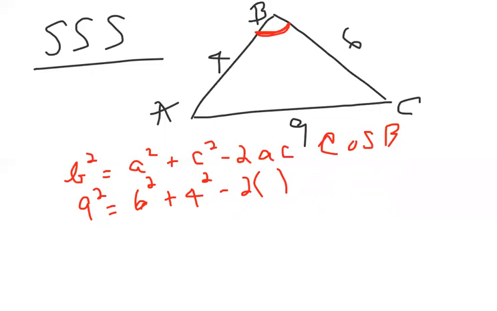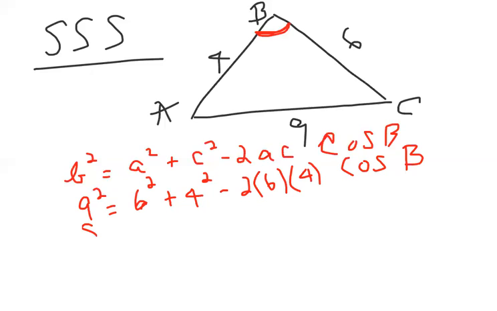Okay, so the length of side A is 6. The length of side C is 4. And then all of this is going to be cosine of B. Now, we're going to grab our calculator, plug all of this into the calculator, guys, so we can figure this out, okay?